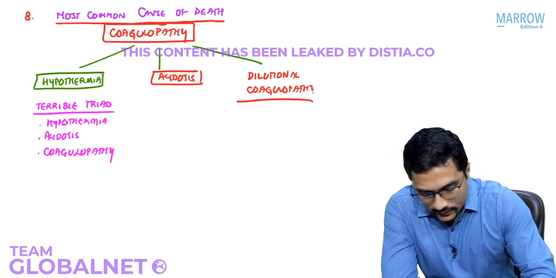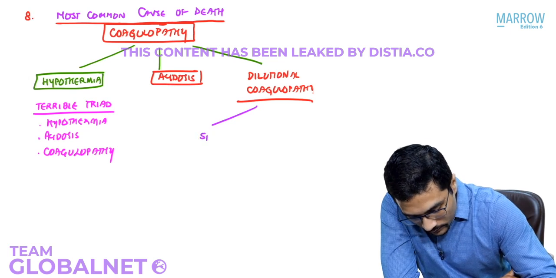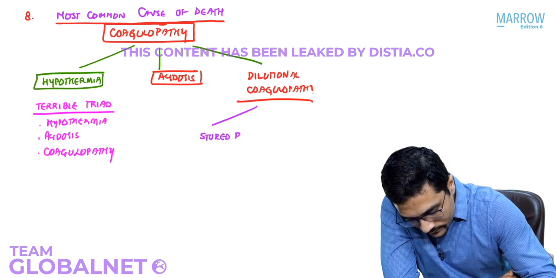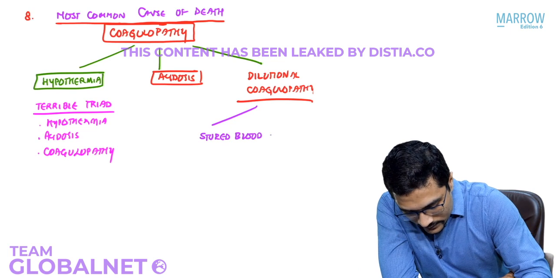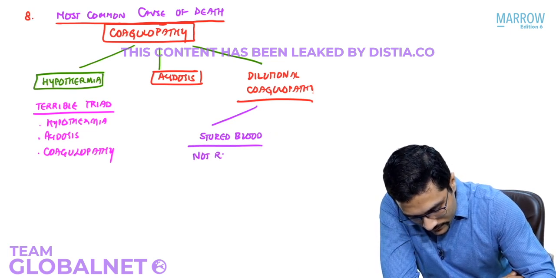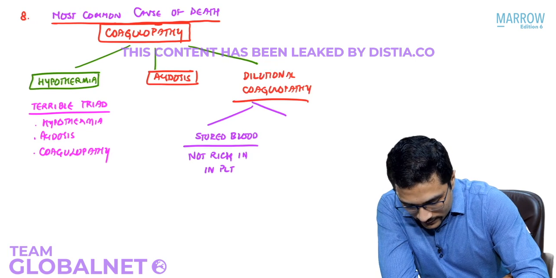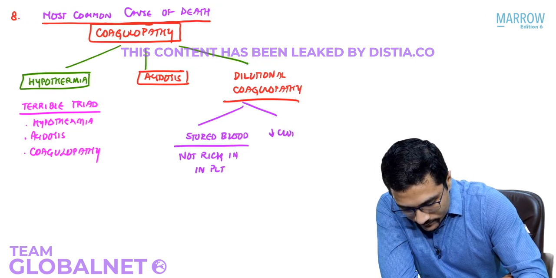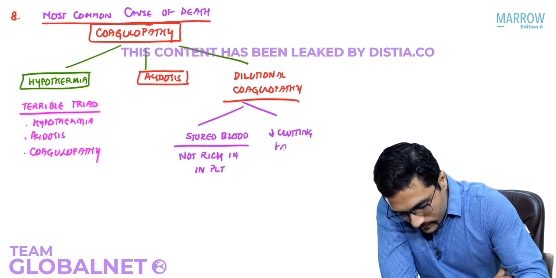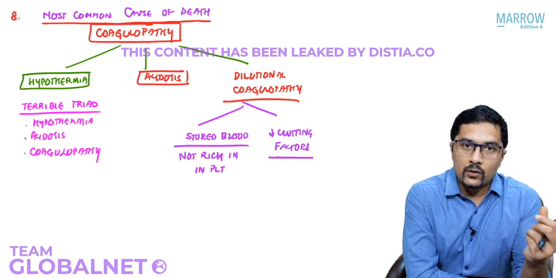We know that the stored blood which we are transfusing is not rich in platelets, and it has decreased clotting factors. So there can be dilutional coagulopathy here.